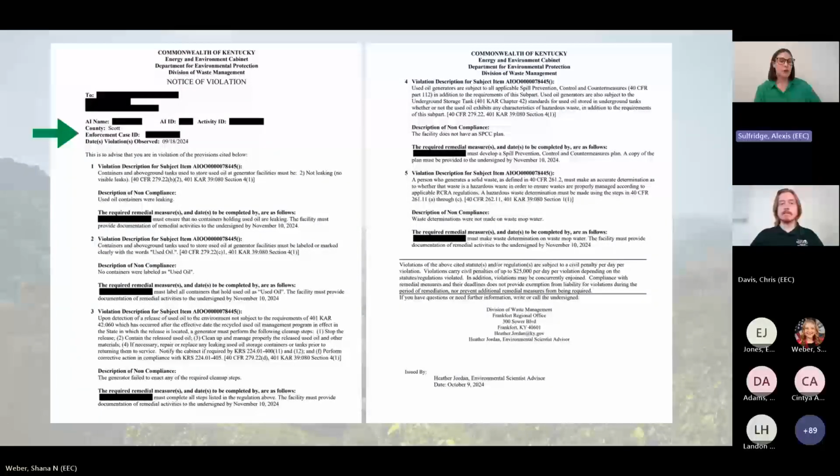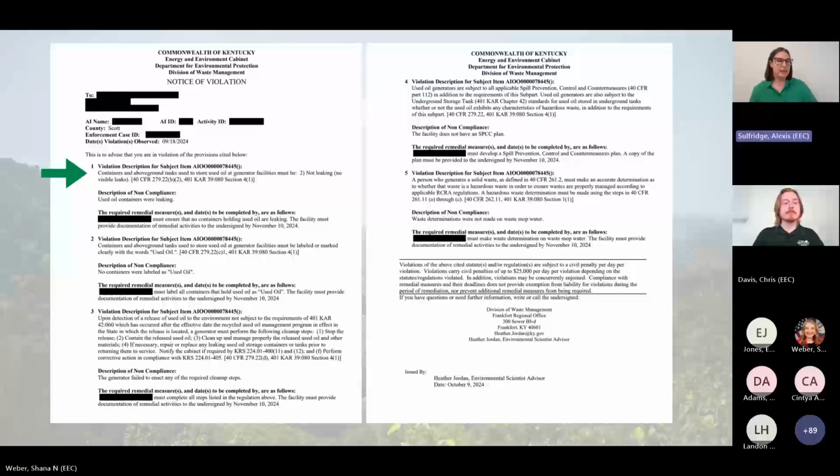The important thing to note in this section is the dates violations are observed. It is quite possible that an inspector observes violations while you're not there. So if you receive a notice of violation and you're wondering why, that will let you know when that occurred. Or if you receive multiple notices of violation, you'll know from when those violations occurred.